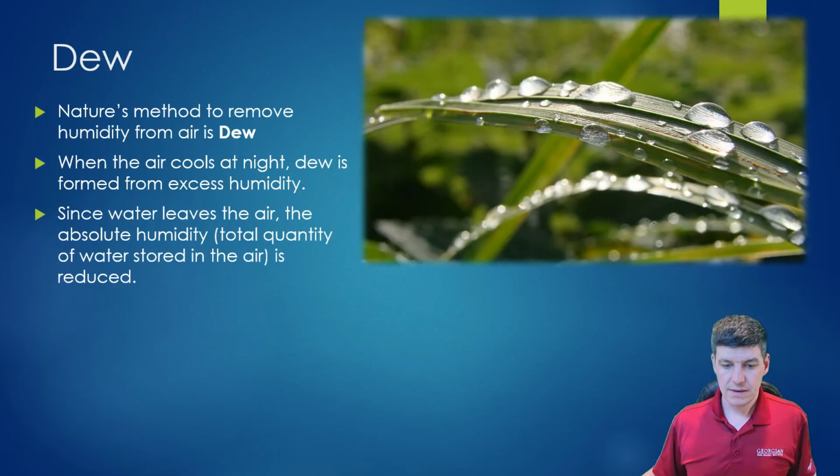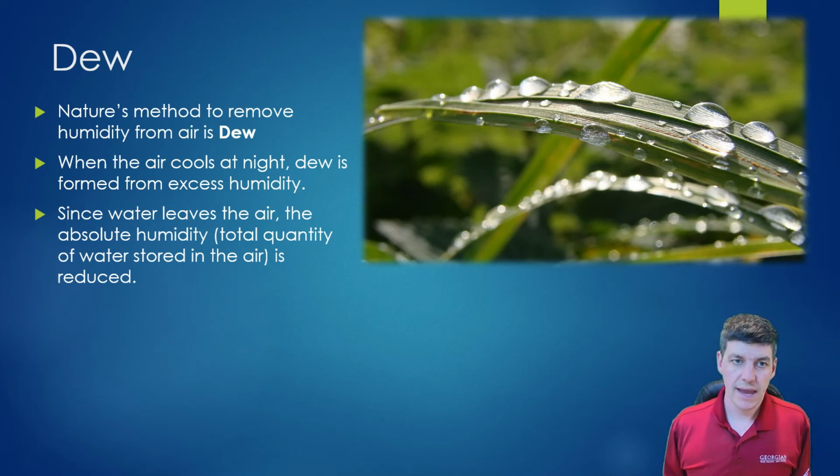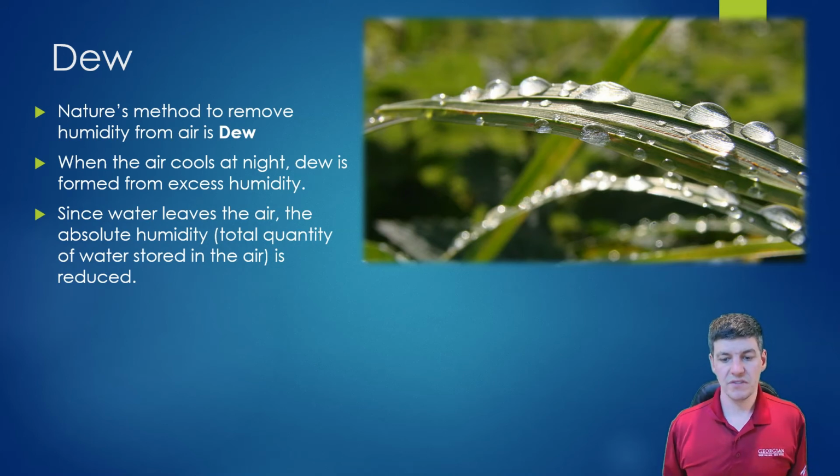Well, nature already does this, and it can show us what this process is. It's the process of removing humidity from air. When we have hot, humid air that cools at night, we form dew.